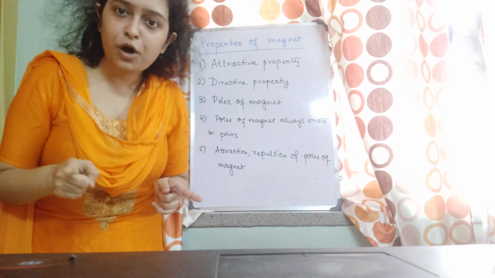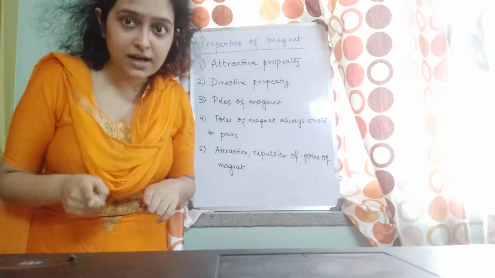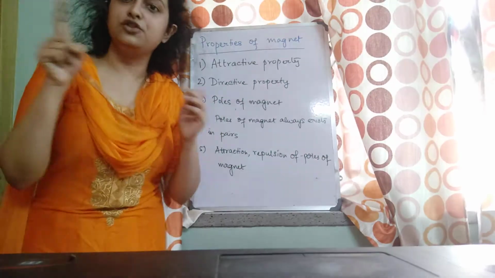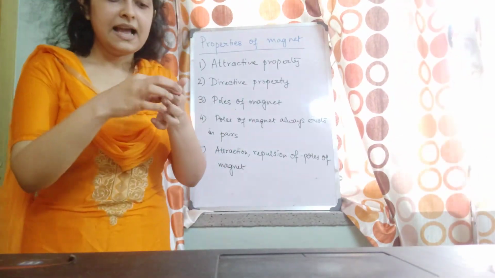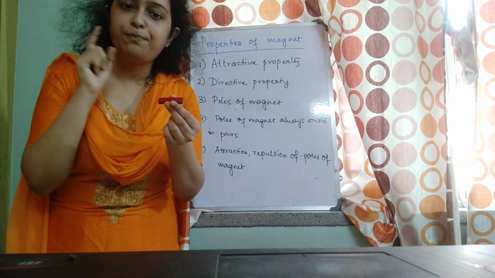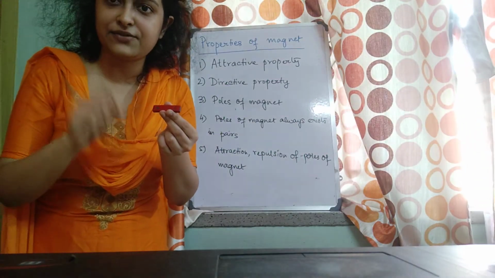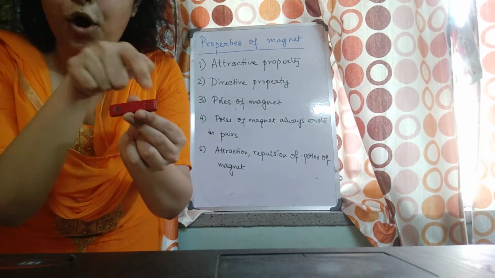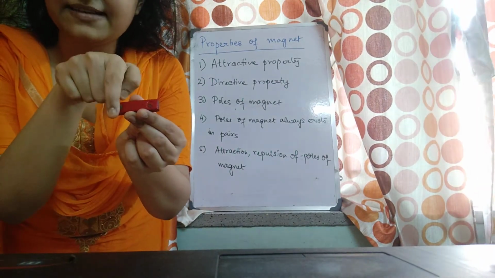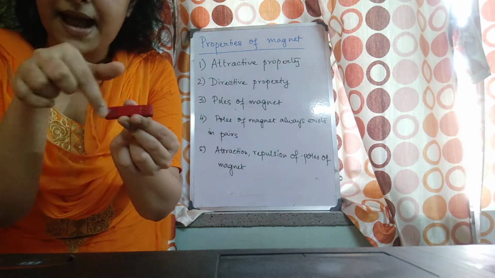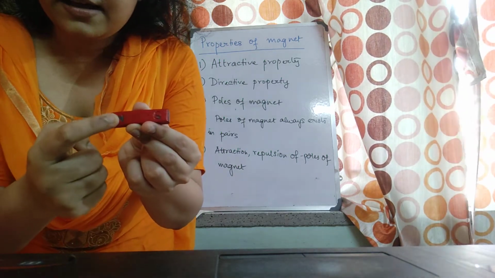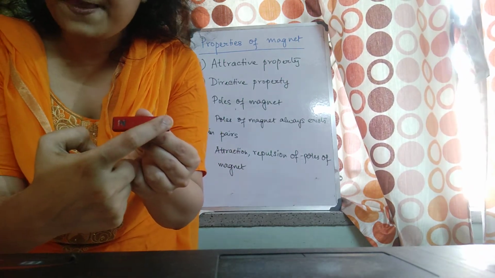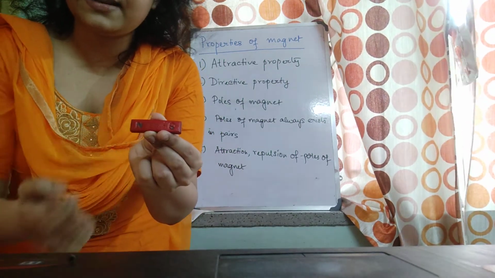The north pole of the bar magnet points towards the geographical north, and the south pole points towards the geographical south. If I ask you in which part of the magnet the magnetic strength is maximum, at the poles or at the center? At the poles, the regions at the two extreme ends of the bar magnet.